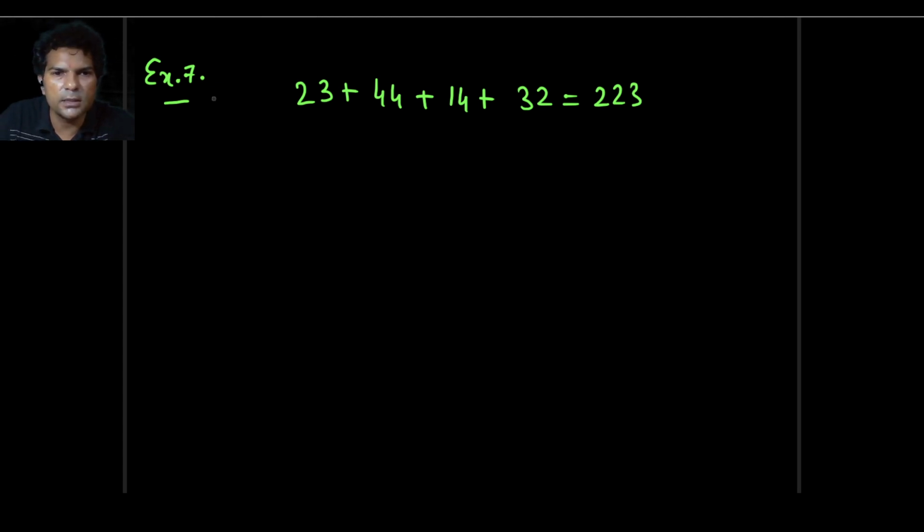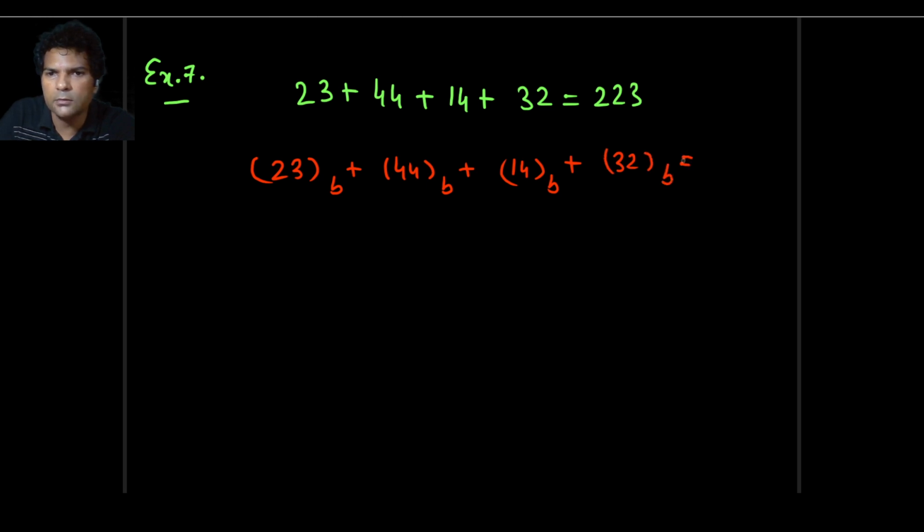So again the procedure is the same. Just assume 23 in base b, 44 in base b, 14 in base b, plus 32 in base b, and the right-hand side, 223, is also in base b. Again the same procedure: first convert into decimal.